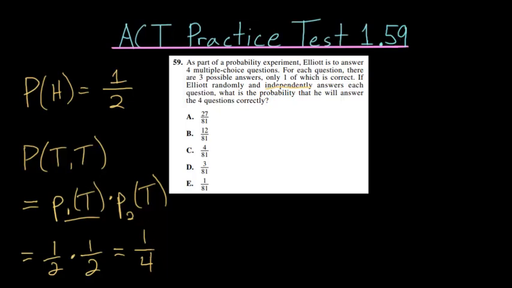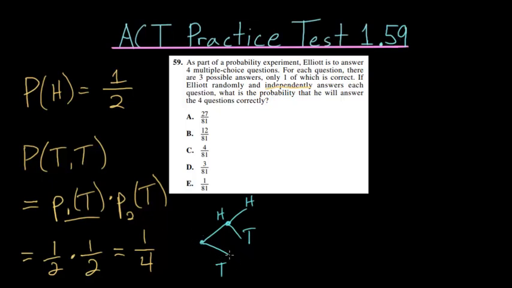One of the easiest ways to see that we would indeed multiply is by looking at a tree graph. On your first flip, you can either get heads or tails. Then on your second flip, if you got heads the first time, you have 2 choices: heads again or tails.